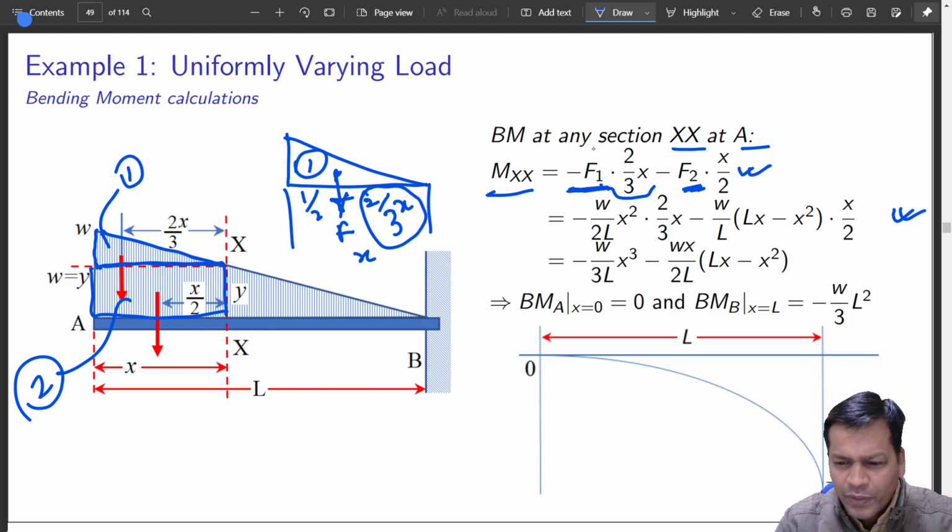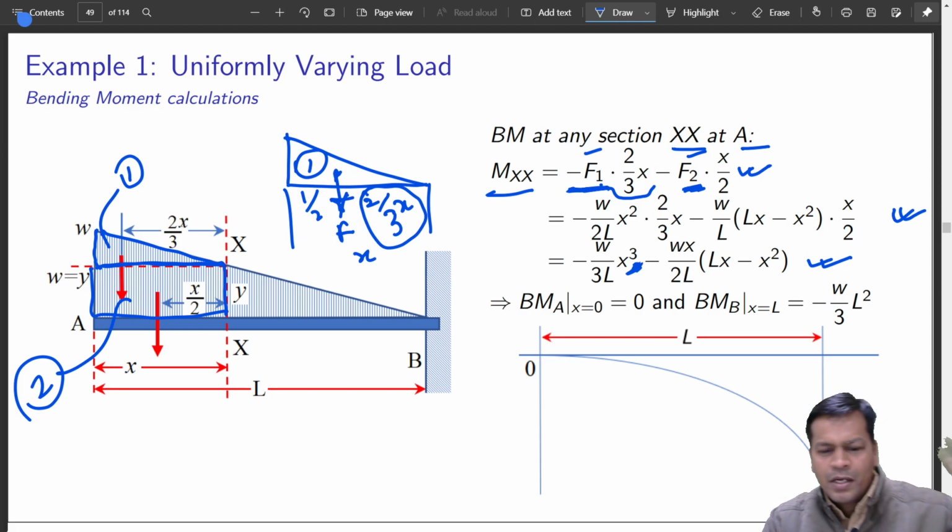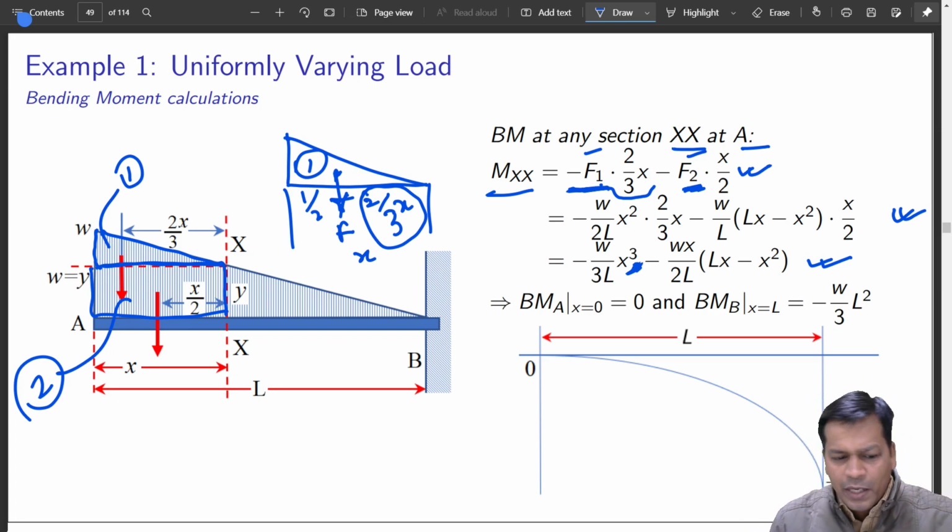I have used F1 and F2 from the earlier derivation. Quickly substituting them, I got something like this. You see, in this case it is a cubic curve. It is not parabolic. If it is a point load, it is linear. If it is a UDL, uniformly distributed load, it is parabolic.